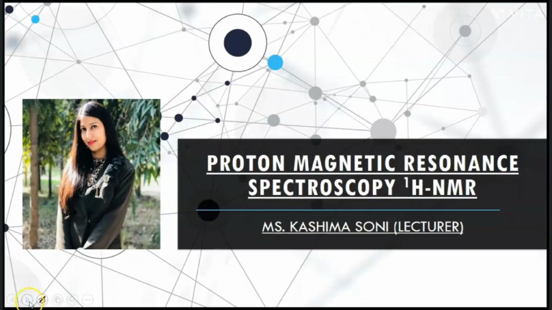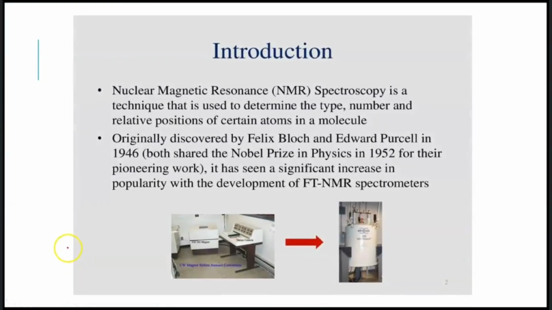Taking up the introduction portion, first of all, we are going to see what NMR spectroscopy actually does. NMR spectroscopy, as the name says, nuclear magnetic resonance spectroscopy, is definitely going to involve the nuclei of the atoms present in a sample. We irradiate the sample under consideration with radio waves.